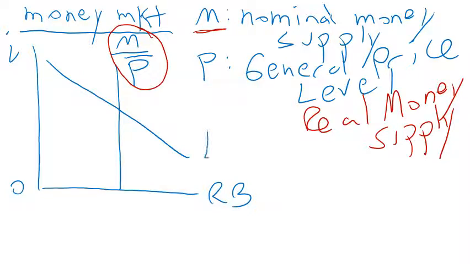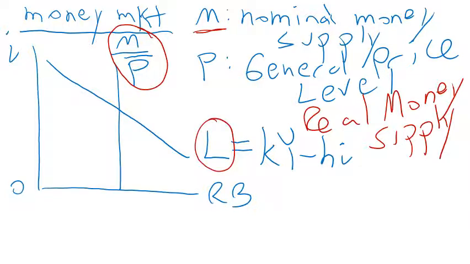So here it is. Don't get frightened. L, which from now on will represent money demand, is equal to KY minus HI. Let me switch to red. So once again, L, that refers to money demand.